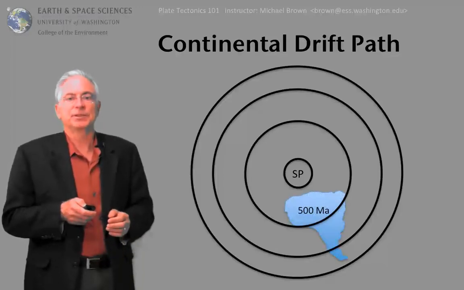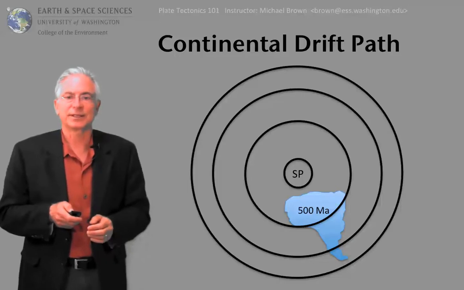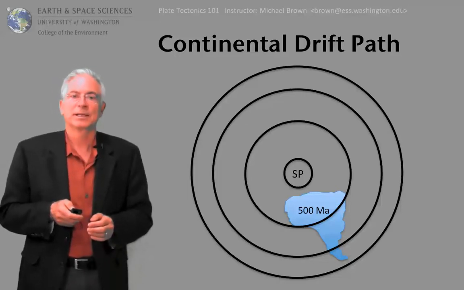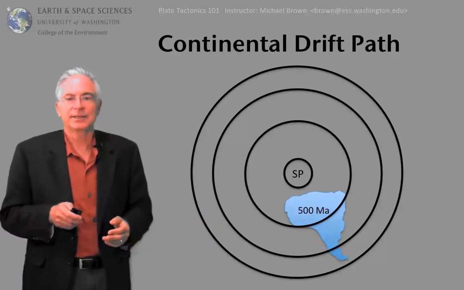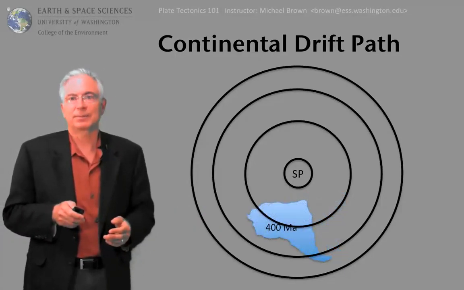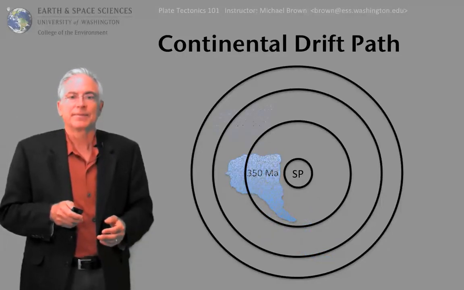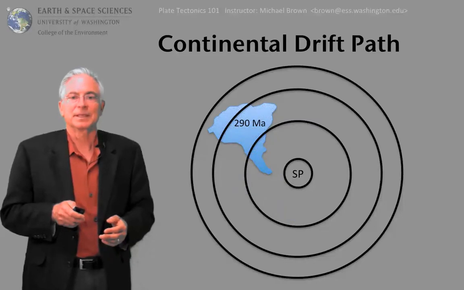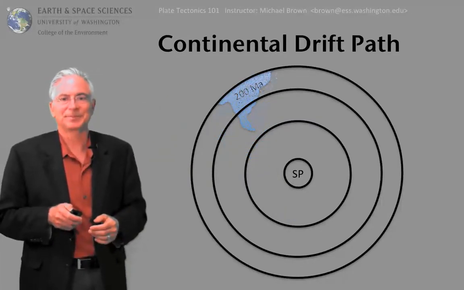So 500 million years ago, South America sat in a position like this relative to the South Pole. Then, taking those paleomagnetic data, you would project that over time, South America moved as illustrated here. It moved from being on the far side of the pole to the other side of the pole.